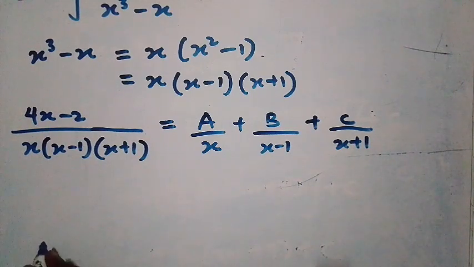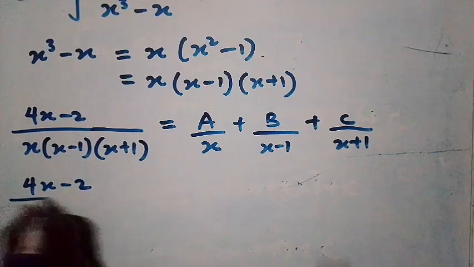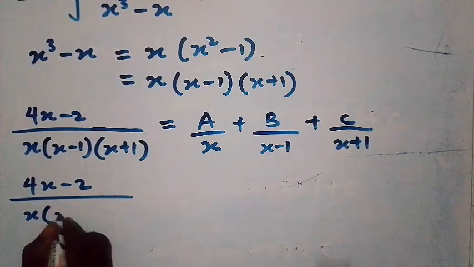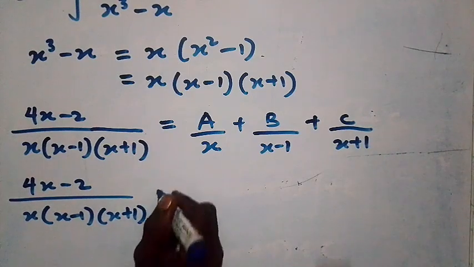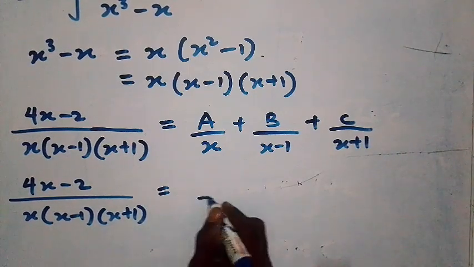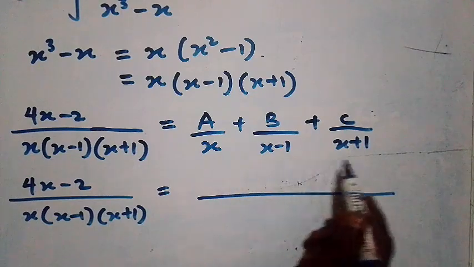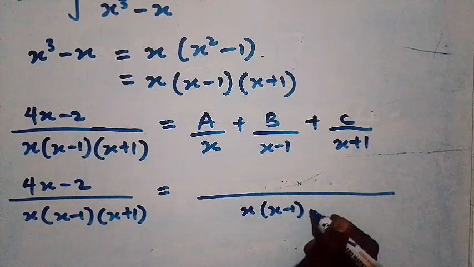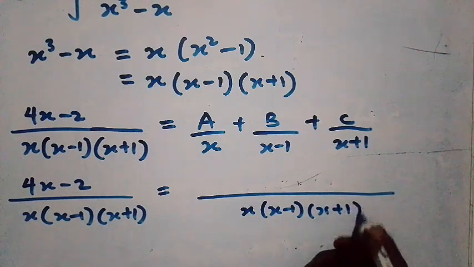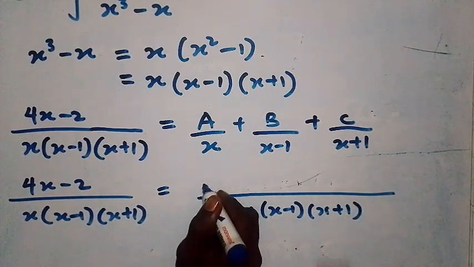Let's find the LCM. We said (4x minus 2) over x(x minus 1)(x plus 1) will be equal to the LCM of these three denominators, x, x minus 1, x plus 1, by multiplication. We cancel out x here, and we have this remaining.